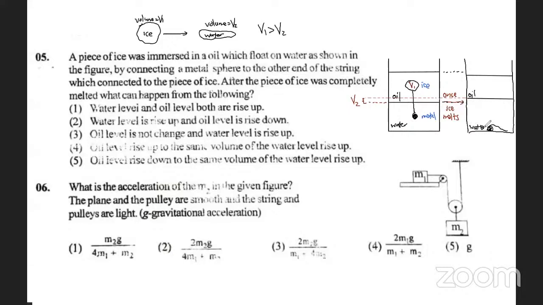I'll explain two things. Water level at the bottom increases by volume V2 due to water formed during the melting of ice.